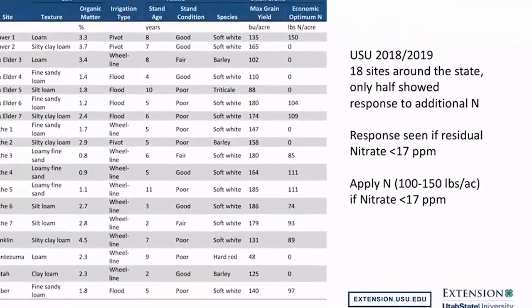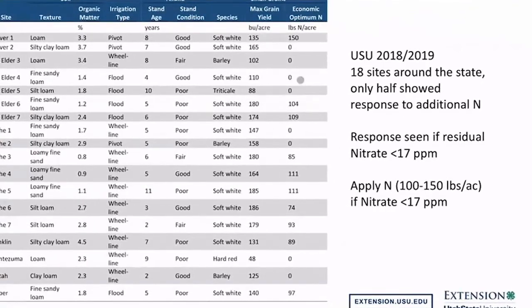And you can see over on the far right-hand side the requirement for nitrogen following alfalfa, and here are the stand ages of the alfalfa that came out previous to the grain crop, that only about half of the sites were actually responsive to added nitrogen. In fact, if the soil test level for nitrate was less than 17 parts per million, we got a response. Where it was not, we generally did not get any response at all.